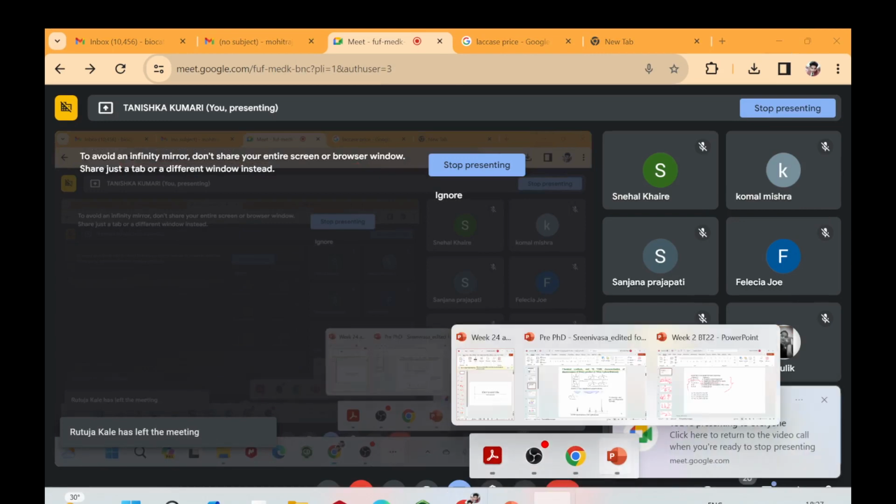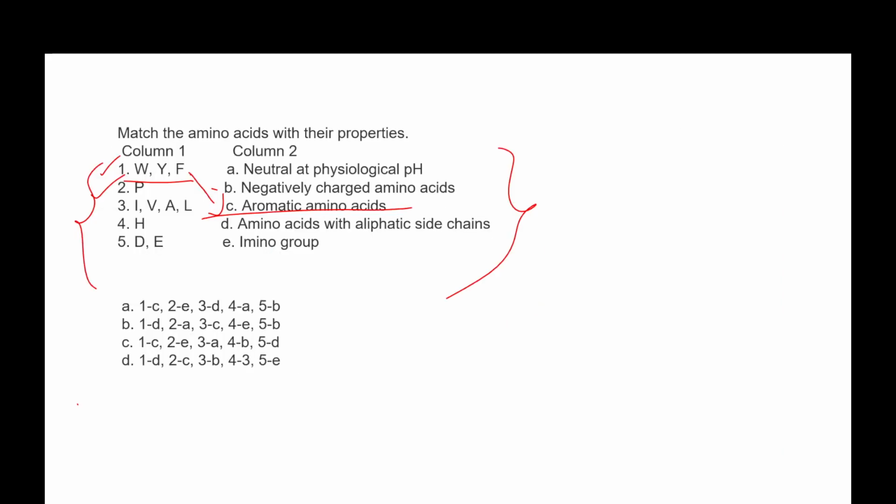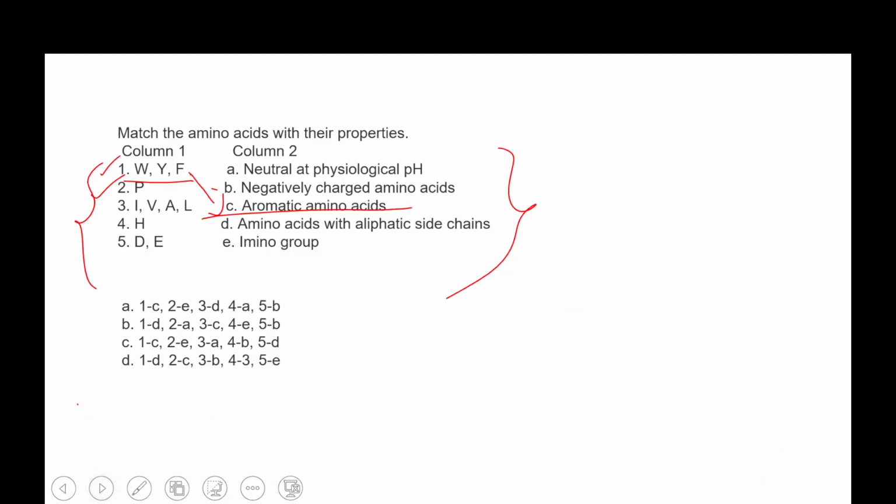Try to answer. Immunogroup. Yes. So proline will be matched with immunogroup. So we have first with C, second with E, and third will be IBAL.